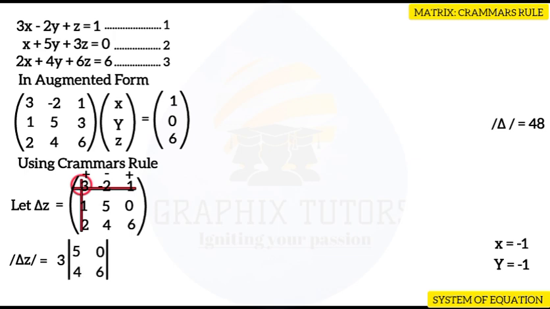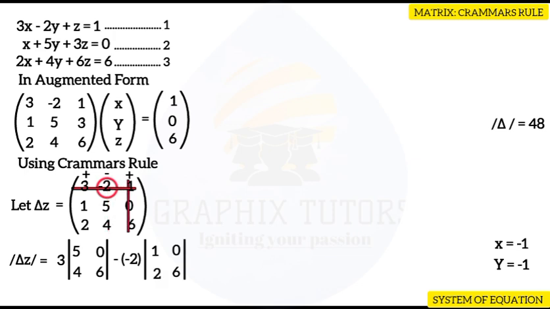Then we go to the second column. Remember the rule is constant, and what they have in common there is minus 2. Remember on top of minus 2, there's a minus there, right? So we have minus open bracket minus 2. Then we have this. What is remaining after you've taken out those column and row, we'll be having 1, 0, 2, 6. Then go to the third column.